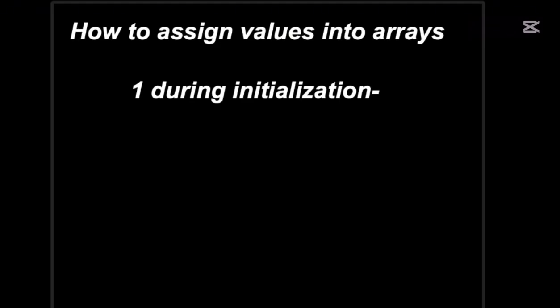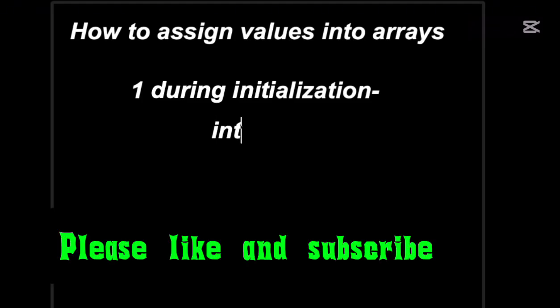So let's say I'm trying to initialize an integer array. I'm going to use int, and the name of the array is going to be r, and I'm going to use this bracket to indicate that this is going to be an array variable, so it's not just a single variable.